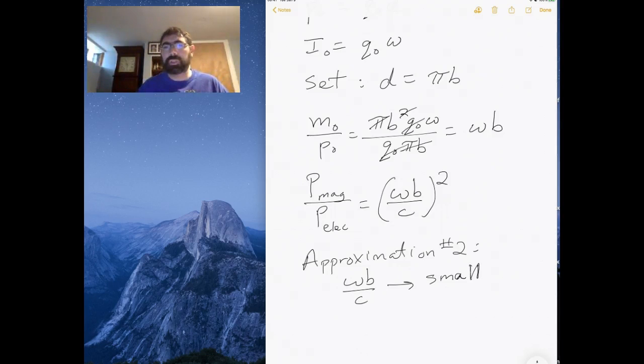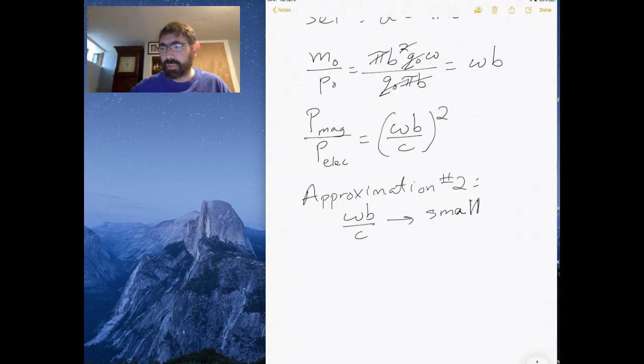So essentially what we're doing is considering the size of the current loop relative to the wavelength of the radiation, and this quantity works out to be small. So we're picking a loop which is much smaller than the size of the wavelength.